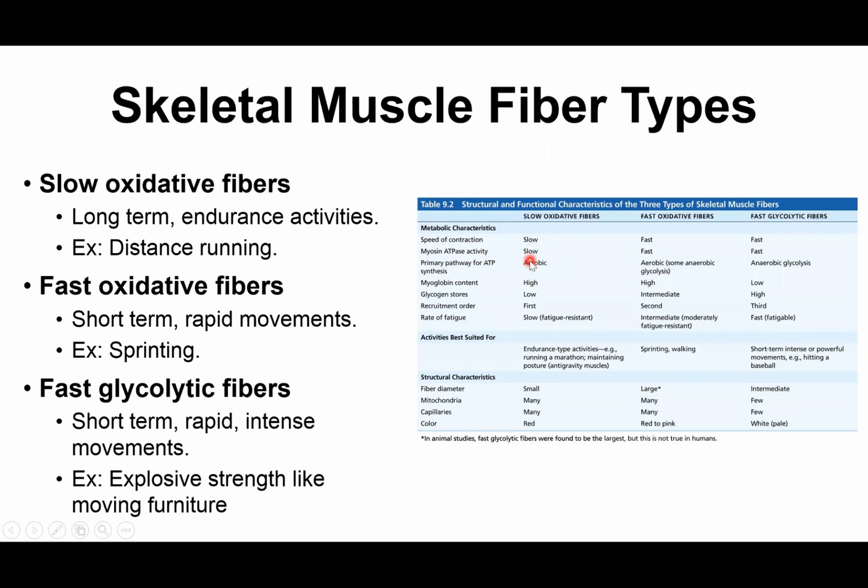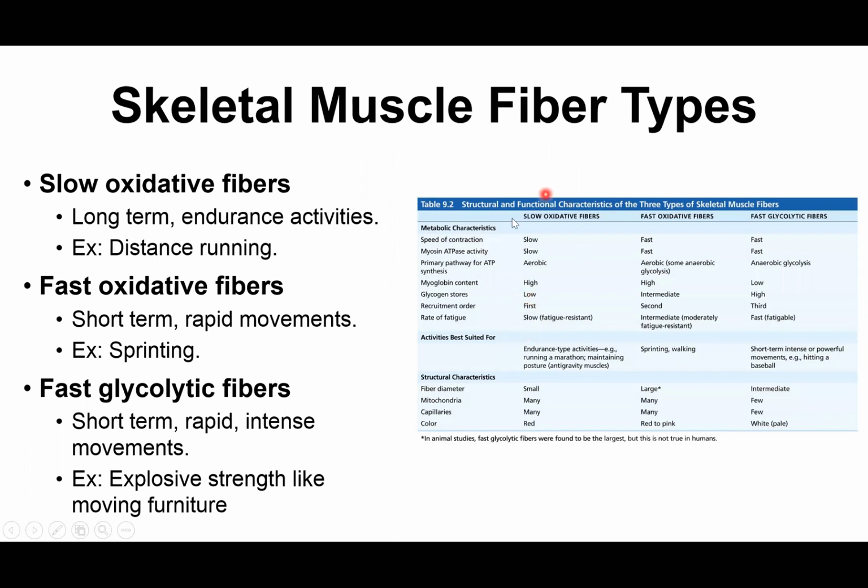The myosin ATPase activity, so the cross-bridge cycling, is a slower activity. They have a lot of myoglobin, so this enables them to have a lot of oxygen present. They don't have a lot of glycogen.